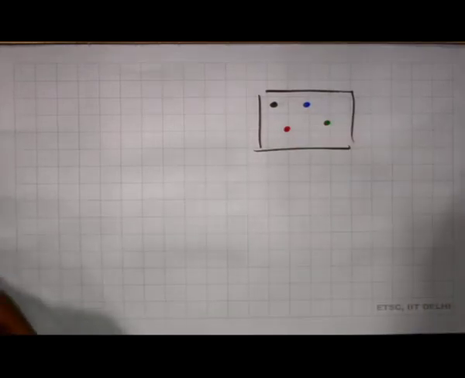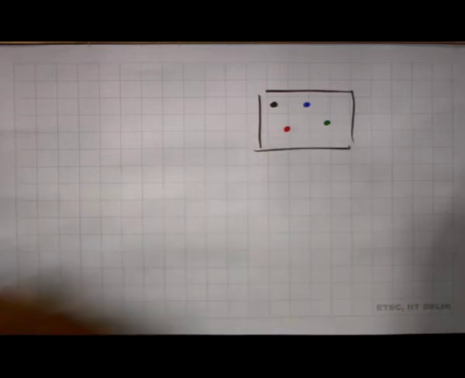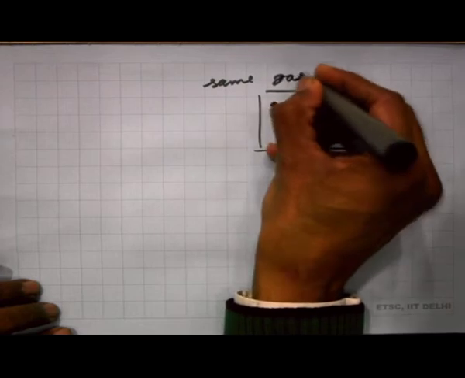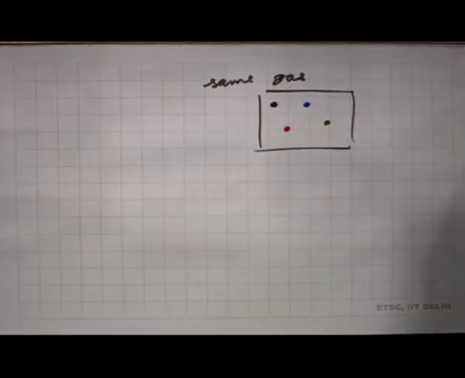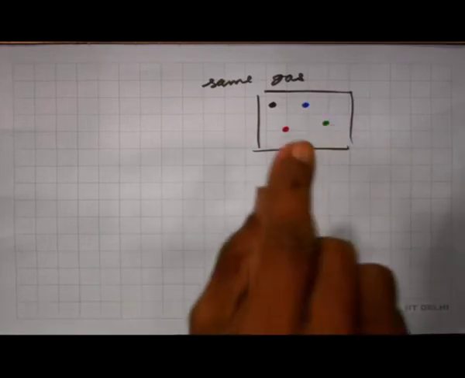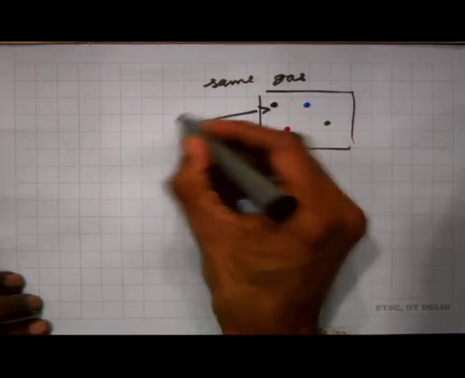These 4 colors are not for 4 different types of molecules; it is the same gas. I have just colored them differently to tell you that they could in principle have different velocities. So, each color represents a different speed.